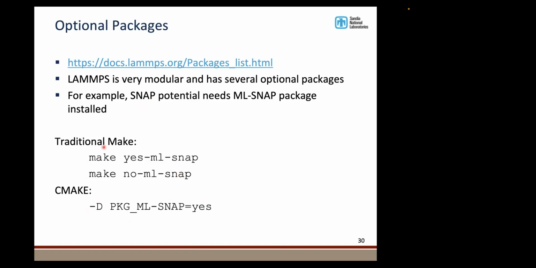The way you do this with the traditional makefile based system, the GNU Make, is just make yes ML-SNAP or make no ML-SNAP. And then with CMake, you just enable this package equals yes. So this is true of ReaxFF. So there's a package for ReaxFF. There's a MiniBody package that has different mini body potentials, and you can see all the different packages here in the documentation.